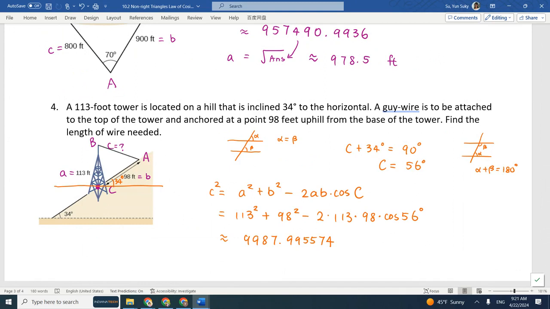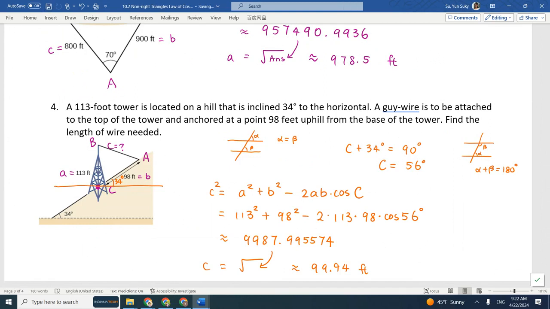Okay, good. And then C is we take the square root of that. 99.94. Like that? Okay, good. So then feet. Right, everybody? Do you have the same answer?